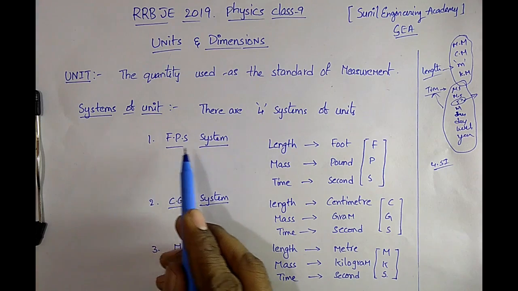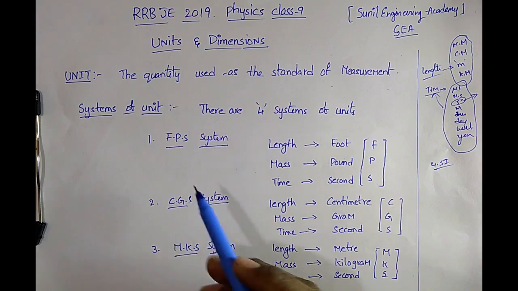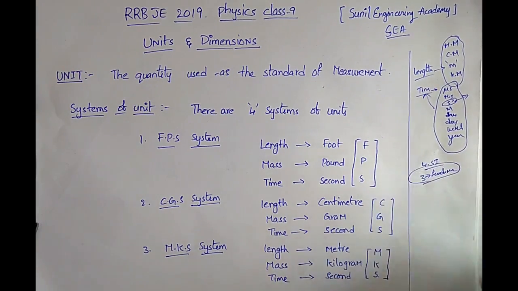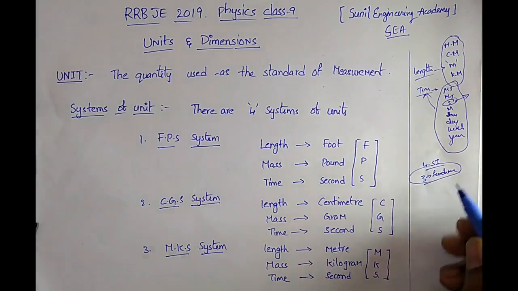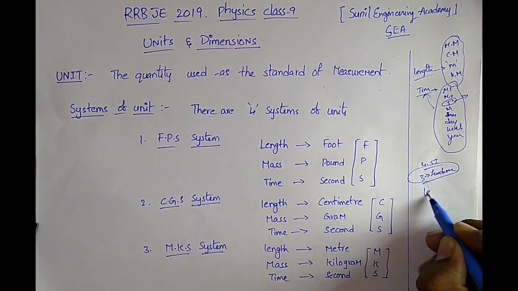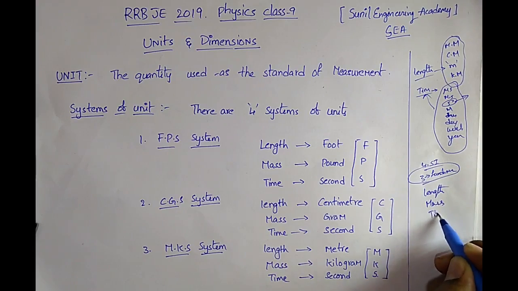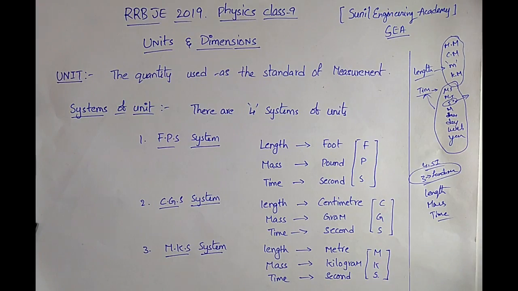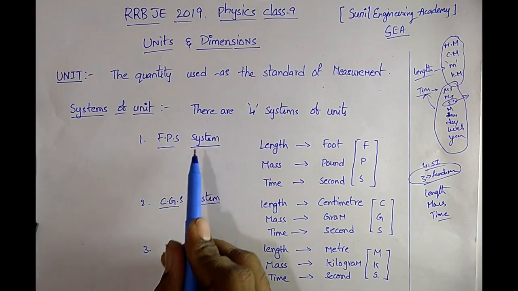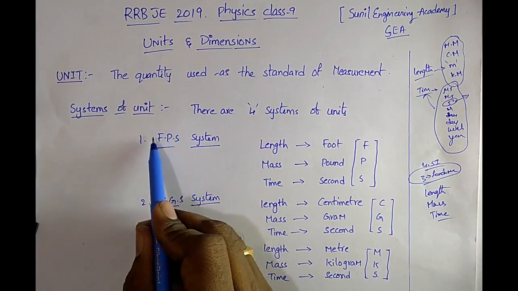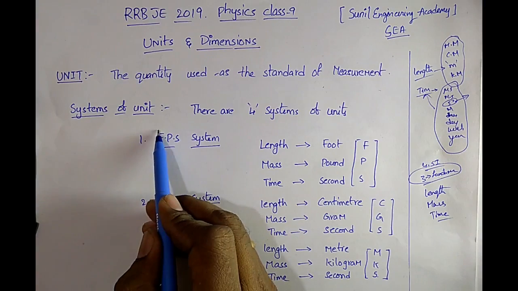First of all, in any system we represent mainly three fundamental quantities. The three fundamental quantities are length, mass and time.